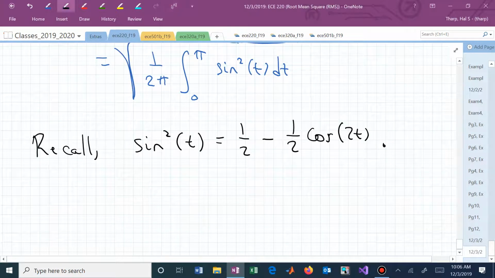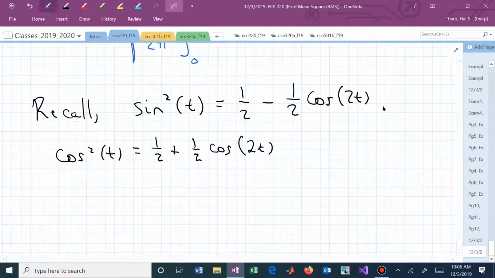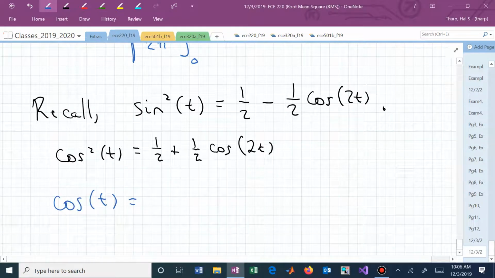And if you wanted to convince yourself of those identities, now that you have Euler in your hip pocket, you know what cosine is in terms of complex exponentials.